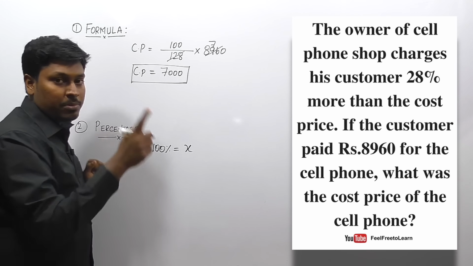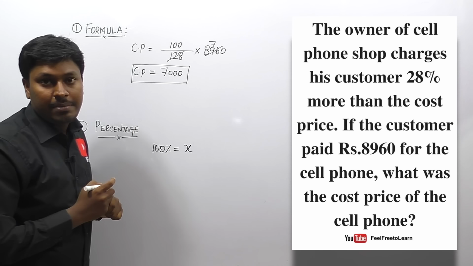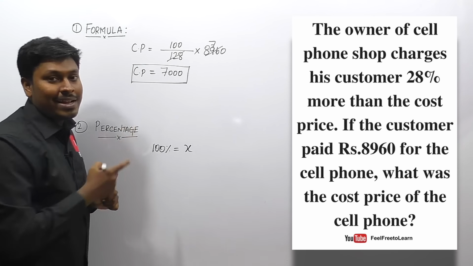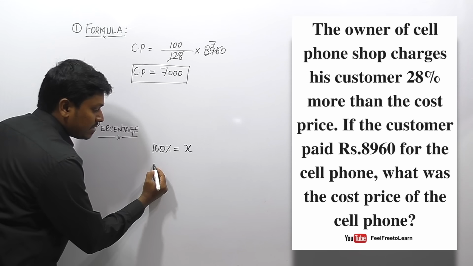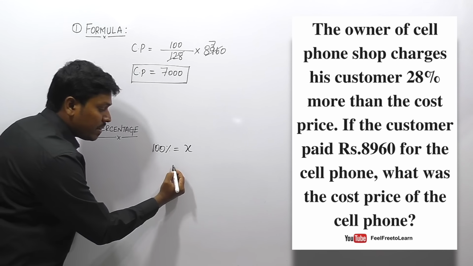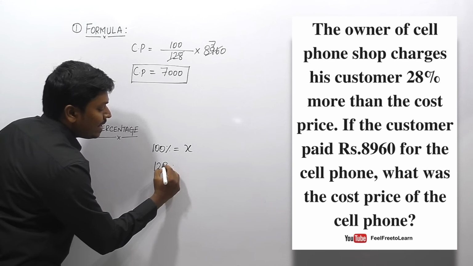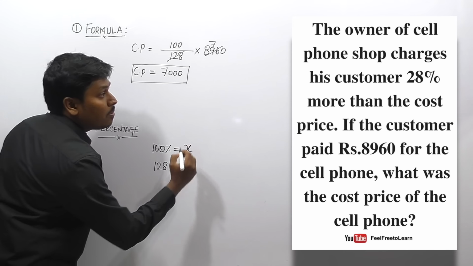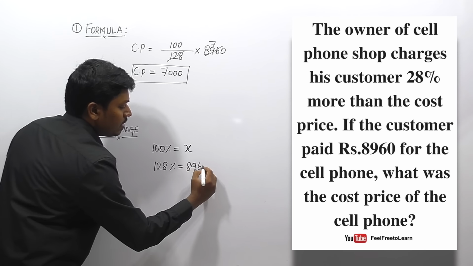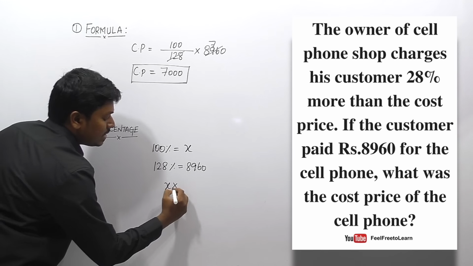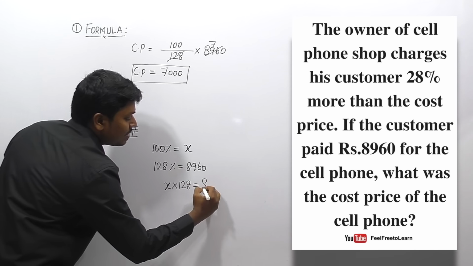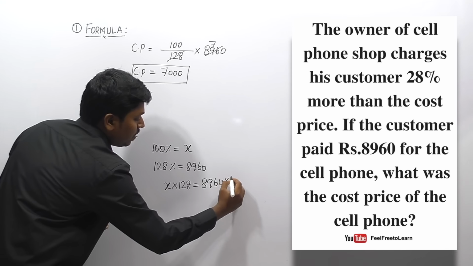But he sold the mobile phone at a profit of 28%. The amount will be 8960. So we can say that 100% will be the cost price, sold for 28% profit, so 128% will be the amount, that is 8960. Now we need to cross-multiply this. So x into 128 is equal to 8960 into 100.